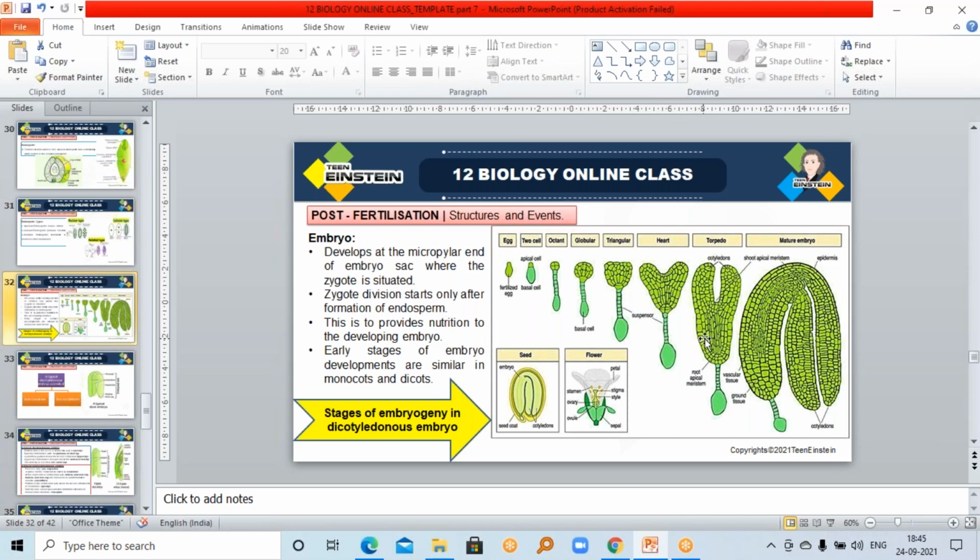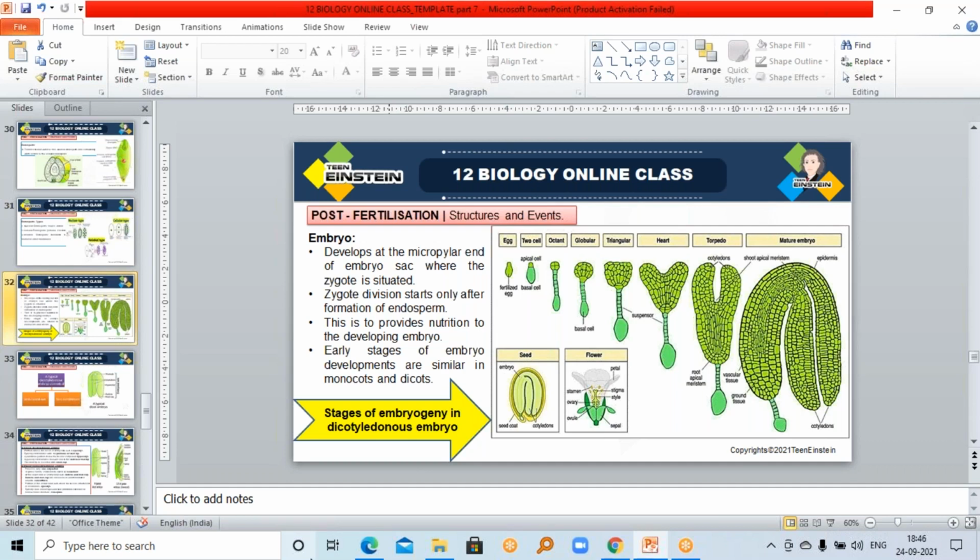Got it? So the embryo develops at the micropylar region, and only after the formation of endosperm will this embryo development start. This is the mechanism to provide nutrients to the developing embryo.